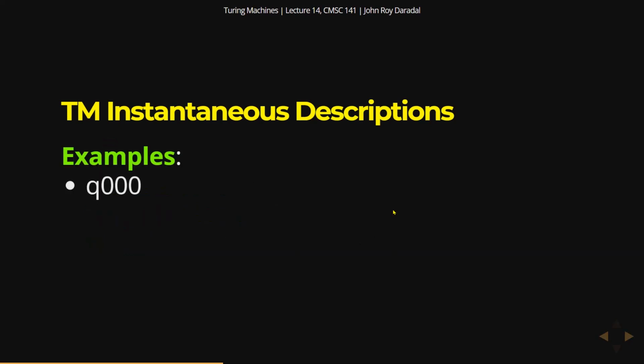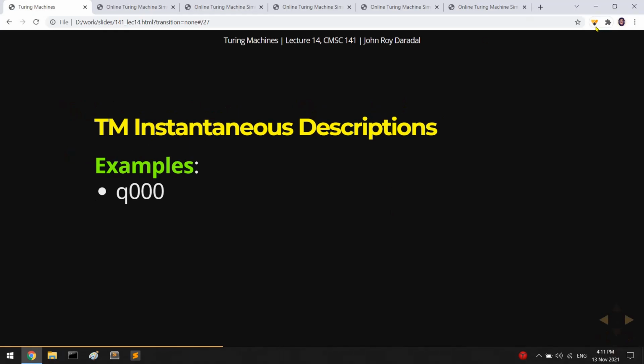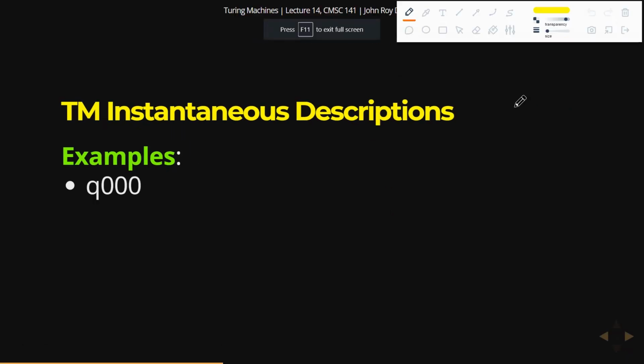If it's q000, q is the current state, and it's currently pointing at this first 0. Next, how about 1q00? Here q is pointing at this 0, so the tape contents would be 100, and q is pointing at the second symbol. This is the infinite tape.